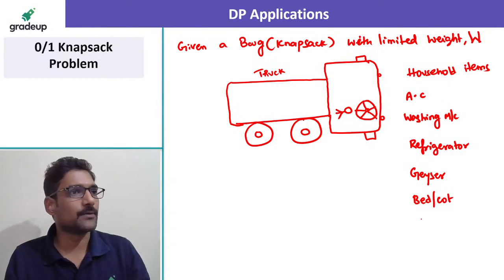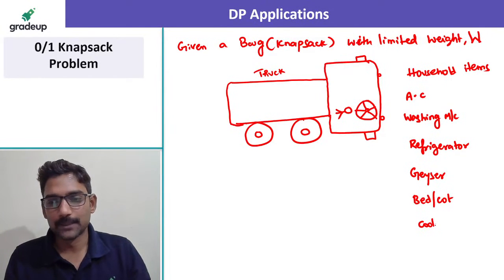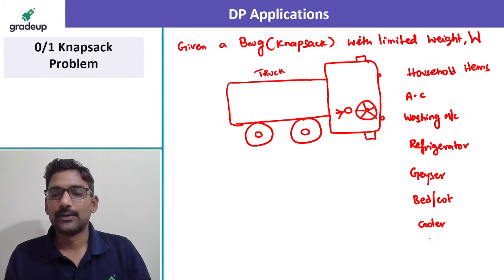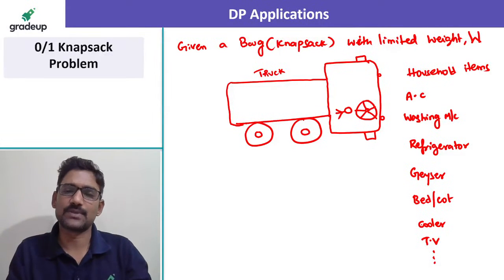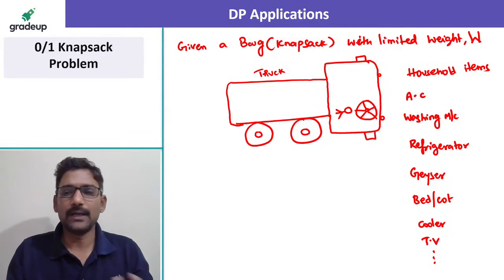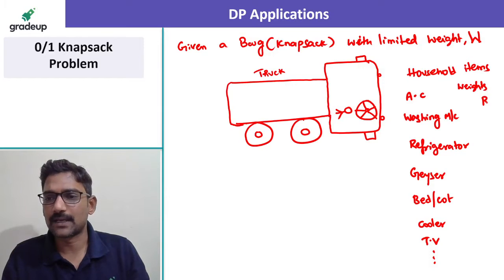Similarly, you have a cooler, you have a television, and so on. So all the household items are given, and their weights are given, and their profits are given.